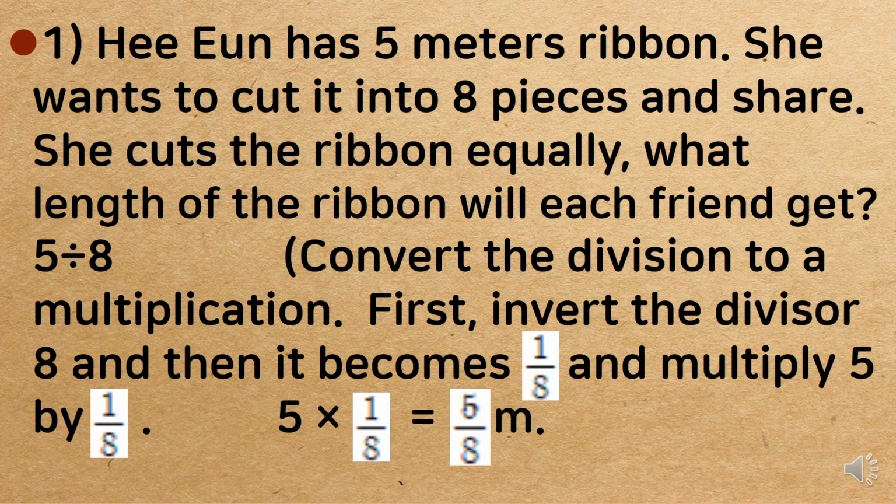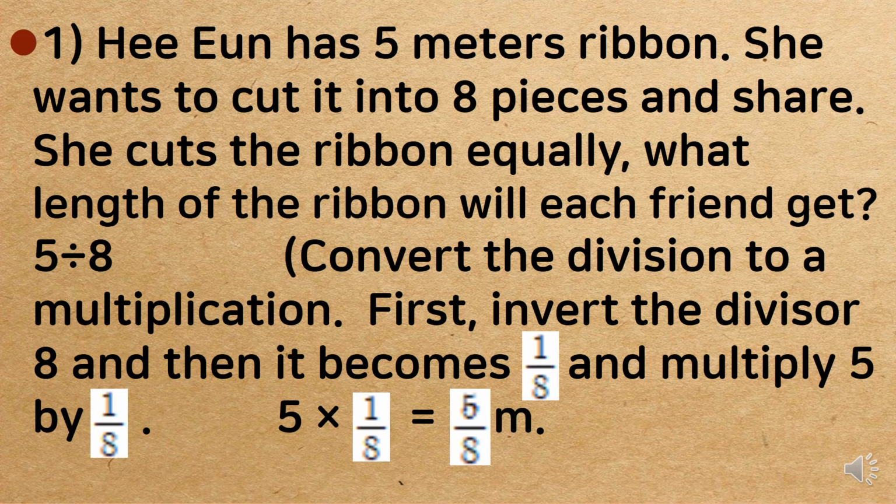Question 1. Hyun has a 5 meter ribbon. She wants to cut it into 8 pieces and share. She cuts the ribbon equally. What length of the ribbon will each friend get? The number sentence is divide 5 by 8. Convert the division to a multiplication.